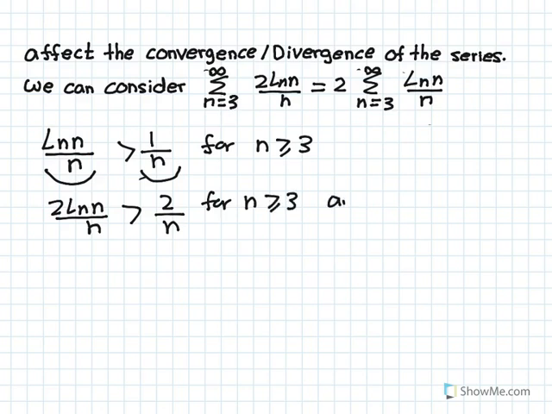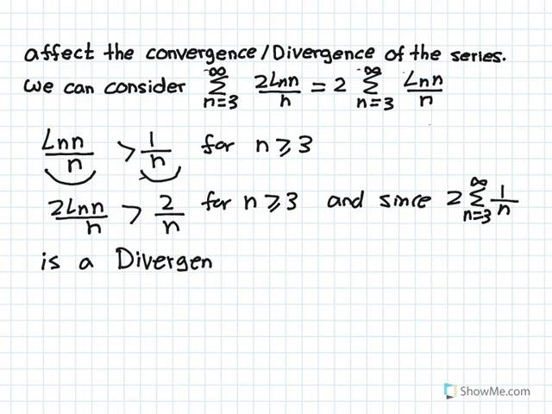And we also know that 2 times summation 1 over n, n equals 3 to infinity, is a divergent p series with p equal to 1.